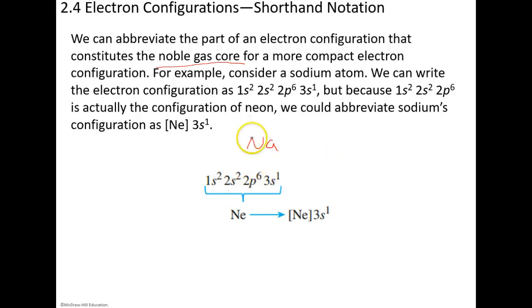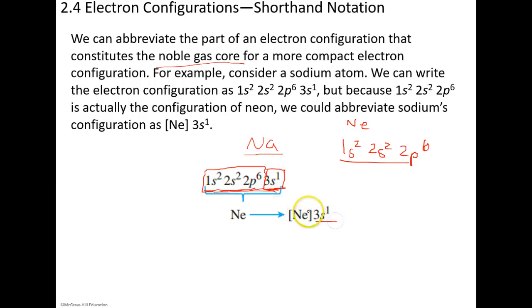Well, you always look at the noble gas before the element. So the noble gas before sodium is neon, all right? And neon has the electron configuration of 1s2, 2s2, 2p6. So notice this is the electron configuration for neon. So instead of writing all this out, you do an abbreviated form. You basically put the previous noble gas and then everything that is left over. So whatever's left over is a 3s1.